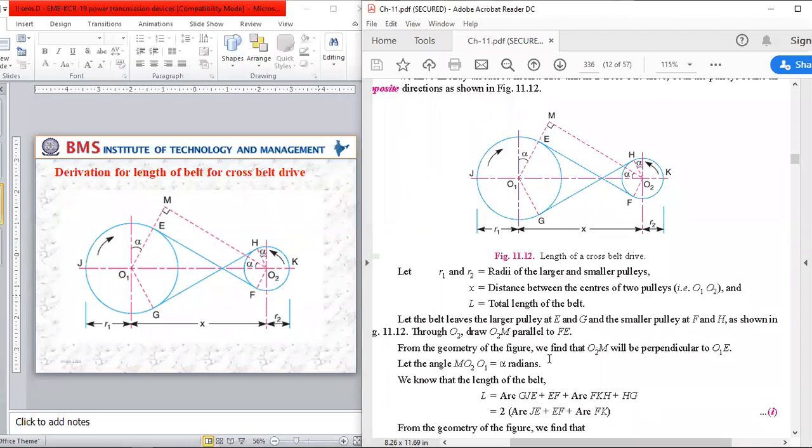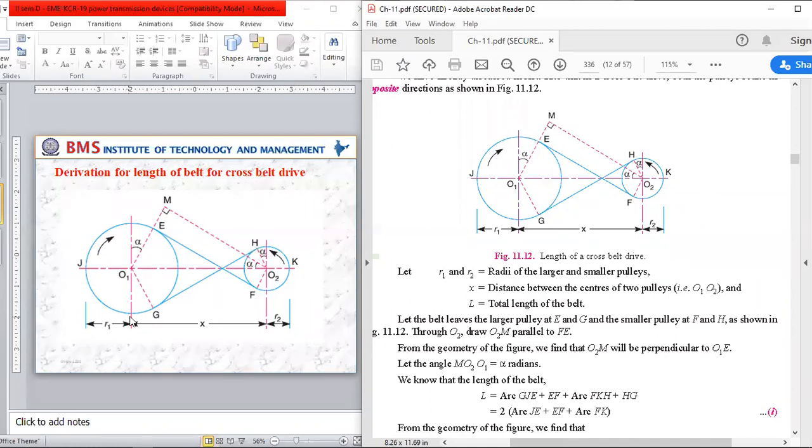Now if you look at this, the length of the belt equation can be written as the arc length of GJE, similar to the open belt drive, plus the length of EF, plus the arc length of FKH, plus HG.